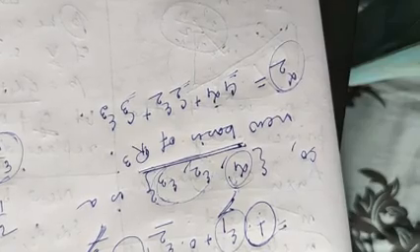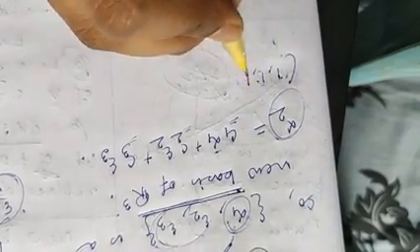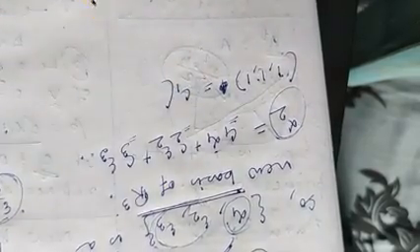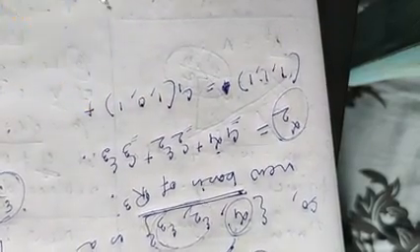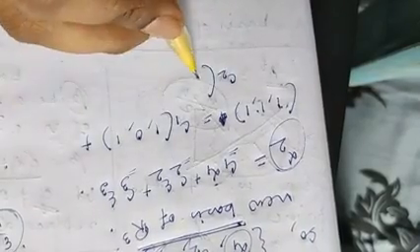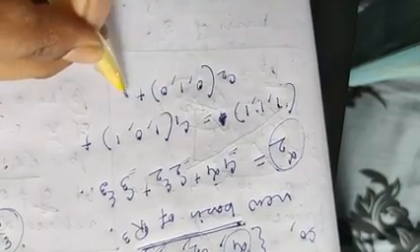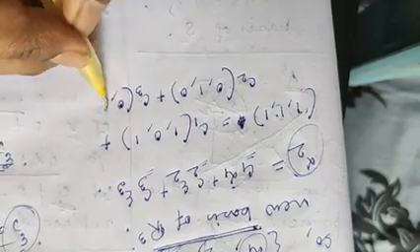Then our work will be done. So alpha 2, which is 1 1 1, equals C1 into alpha 1, which is 1 0 1, plus C2 into epsilon 2, that is 0 1 0, plus C3 into epsilon 3, that means 0 0 1. Now we need to find the values of C1, C2, C3.